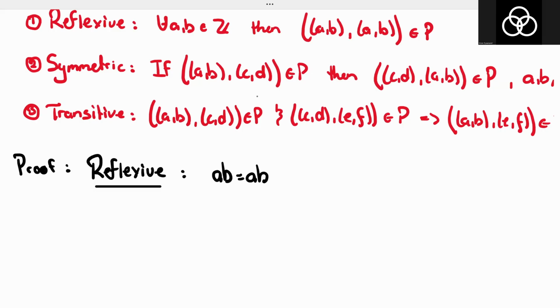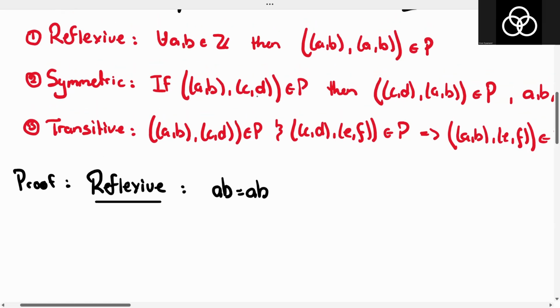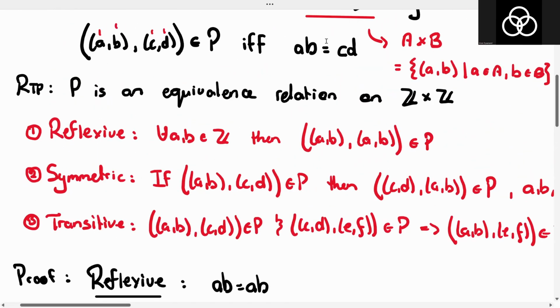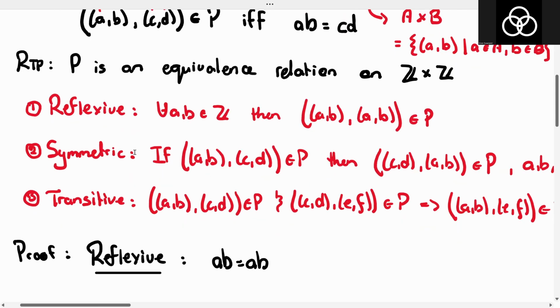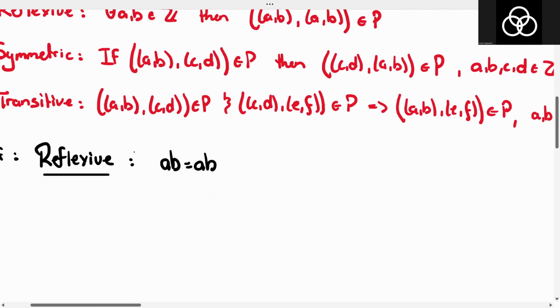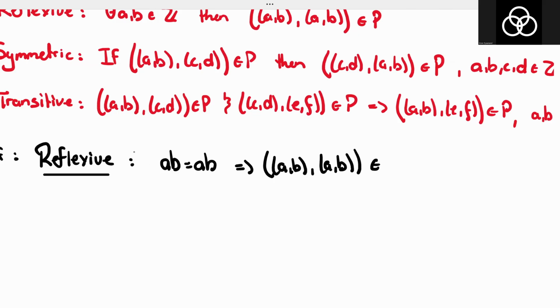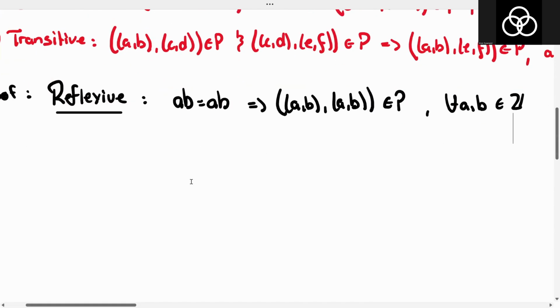So if ab is equal to ab, you can replace the cd in our definition here with ab, right? So this implies that (a,b) is related to itself through P. Now, of course, this is for all (a,b) belonging to Z cross Z, right? And that's it for reflexive. That one was pretty straightforward.